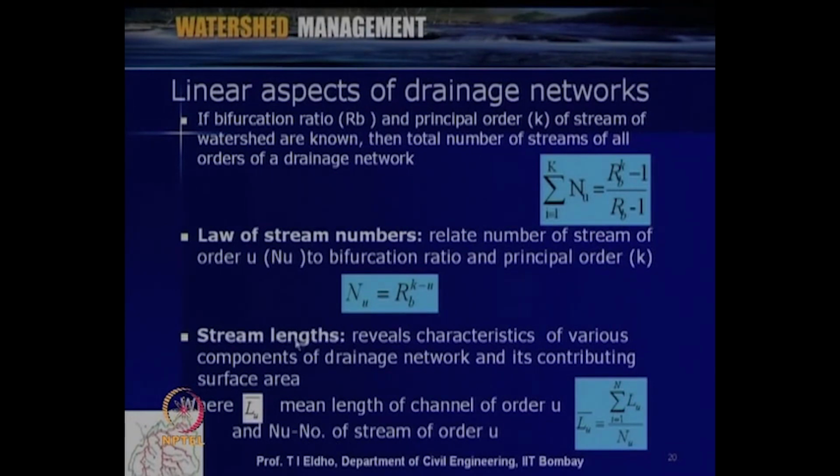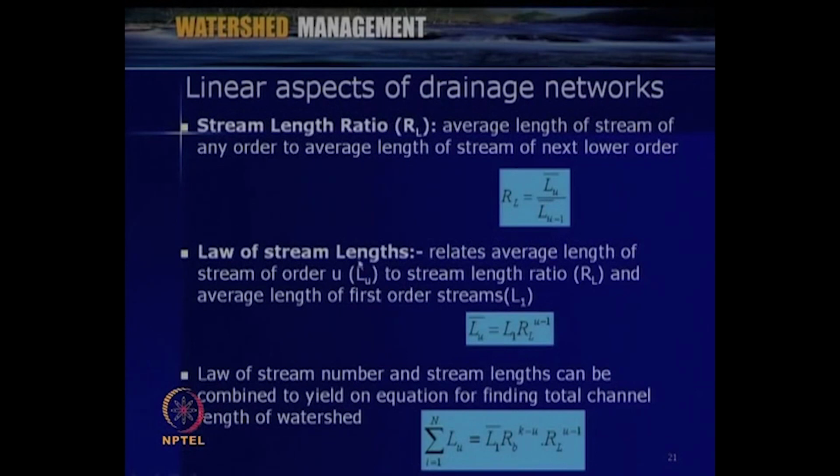So, that is another definition, stream length. Then some other definitions like stream length ratio. So, that is the average length of streams of any order to the average length of streams of the next lower order. So, RL is equal to Lu bar divided by Lu minus 1 bar. So, that is called the stream length ratio.